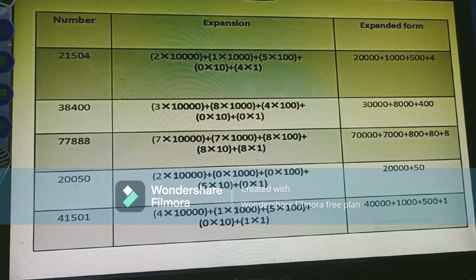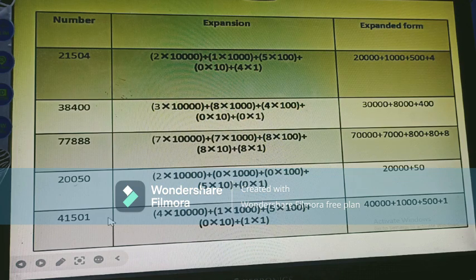Now the last one I'm explaining. Here how to read this one. Ones, tens, hundreds. So 501. 41,501. How to read? 41,501. So 4 into 10,000, 1 into 1,000, 5 into 100, 0 into 10, 1 into 1.